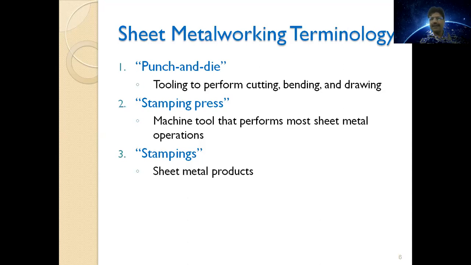The die is the cavity or space through which the sheet is deformed. Stamping presses are the machine tools that run with the help of an electric motor and are used to apply pressure. Stamped sheet metal products are known as stampings, the final products.